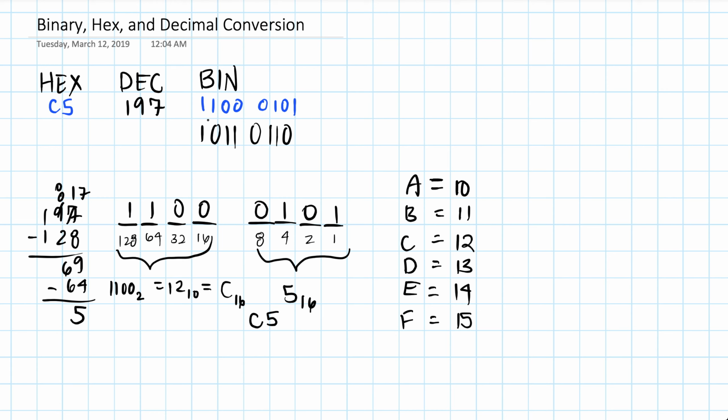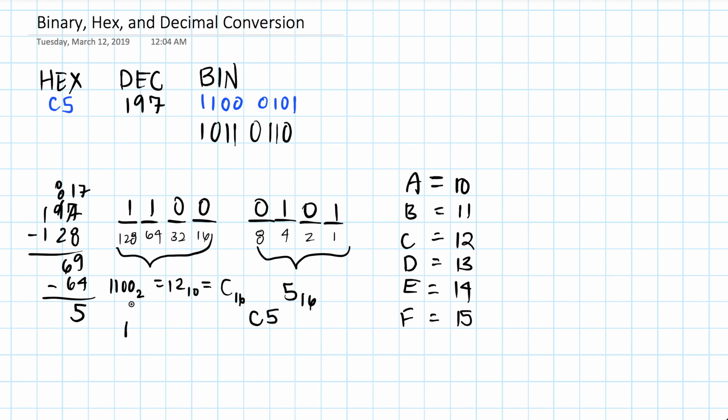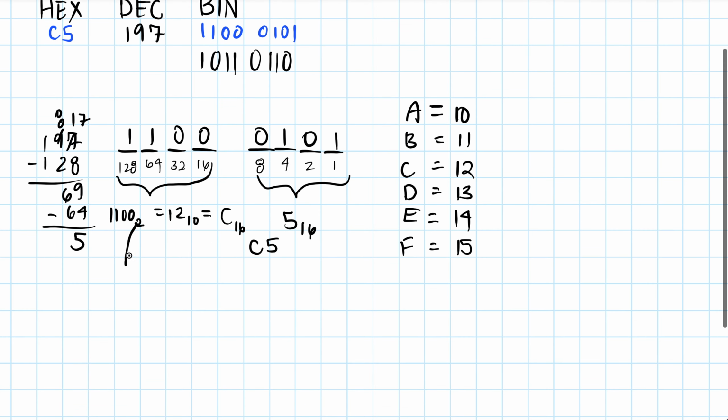Now let's figure out how to convert a binary number to decimal and hex. We've already talked about how to convert a binary number to hex, so let's just do that really quickly down here. Okay, so our number is 10110110. Again, we can just go ahead and convert those blocks.